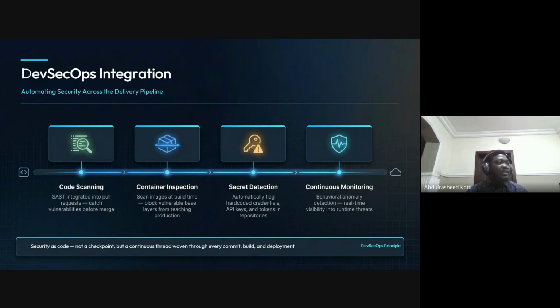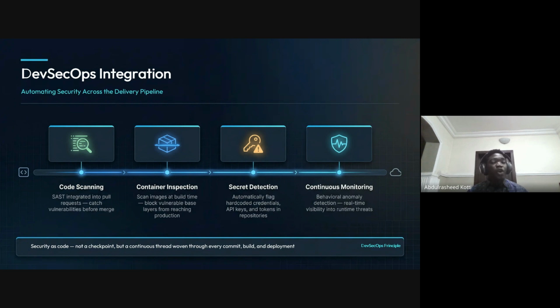Now let's talk about the key things that are done in DevSecOps. The first is code scanning. And like I had said, we have SAST and we have DAST. We have tools that will check the code for mistakes that are common and happen all the time.